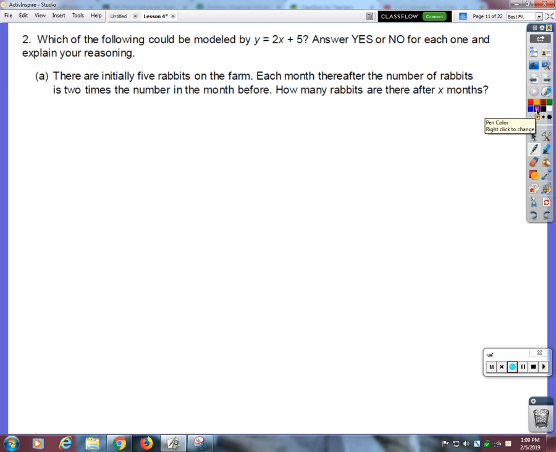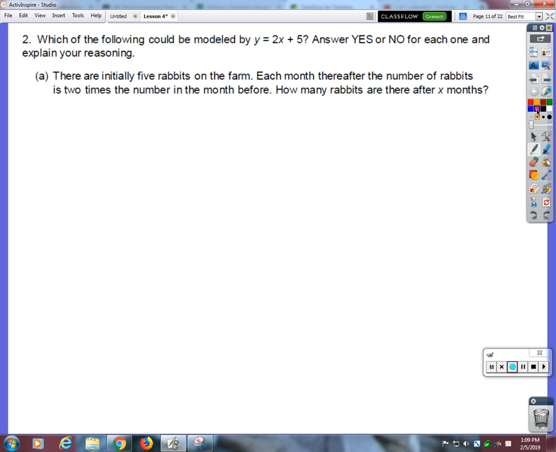All right, so now we're going to be given some different real life situations, and we're going to decide whether the situation could be modeled by the equation y equals 2x plus 5. So the first one says there are initially 5 rabbits on the farm.